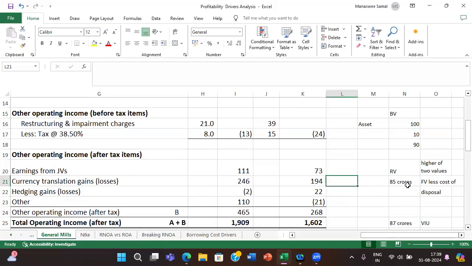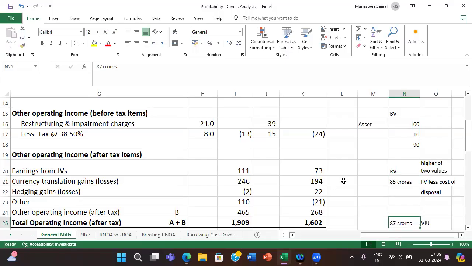Don't you think this calculation itself is going to suggest whether you should go for divestment or you should go for continued use of the asset? Suppose this number is, say, 90 crores, and this number is 87 crore.